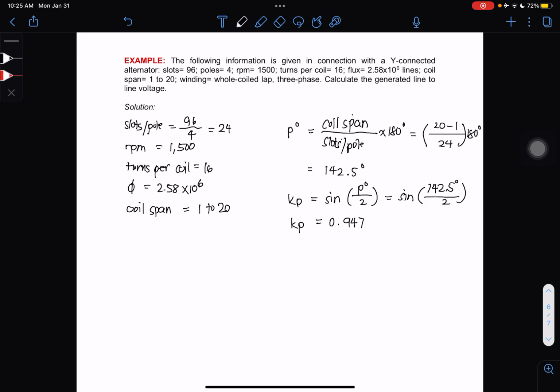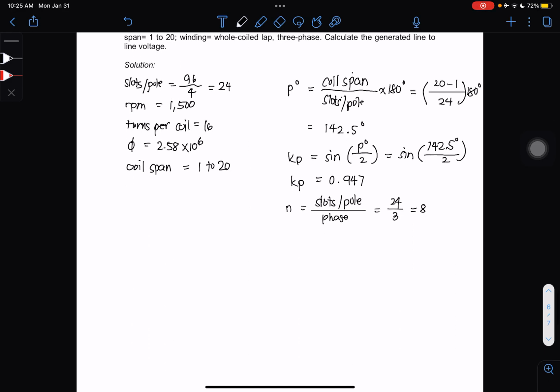And to solve for our Kd, N is equal to slots per pole per phase. So 24 divided by 3 phases, so we have 8. And for our number of electrical degrees, we have 180 degrees divided by slots per pole. So 180 divided by 24. So our number of electrical degrees is 7.5 degrees.